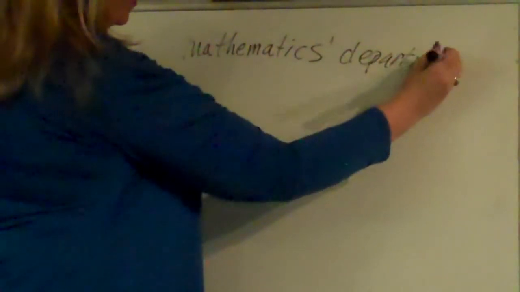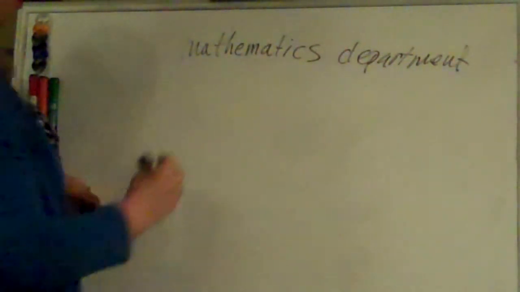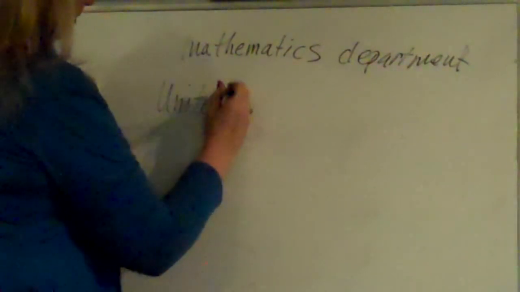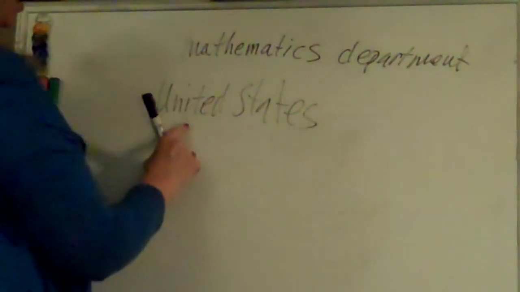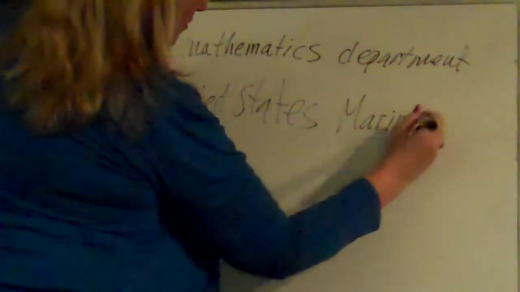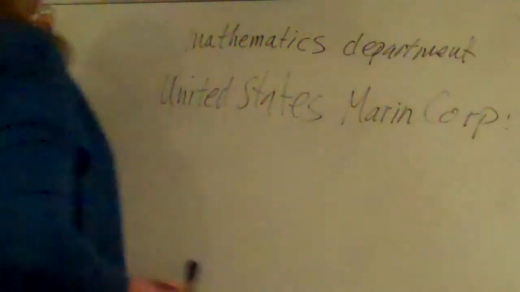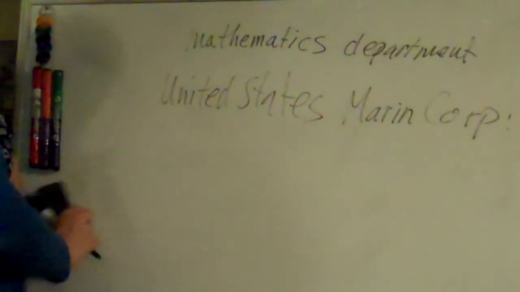No. I'm not going to have anything there, okay? Or what if I said United States Marine Corps, you know, something like that. What would I do here? I'm not going to make this possessive, okay?